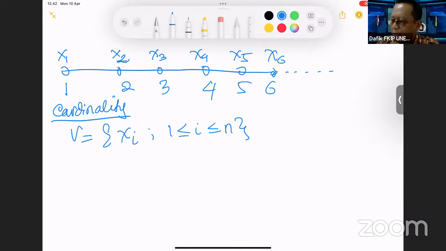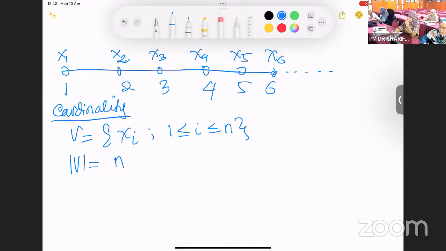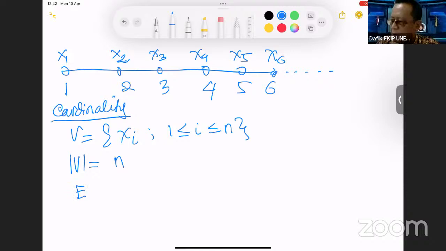Then the cardinality of V, of course, is n. And then what about H? H is x_i x_{i+1}. Am I right?